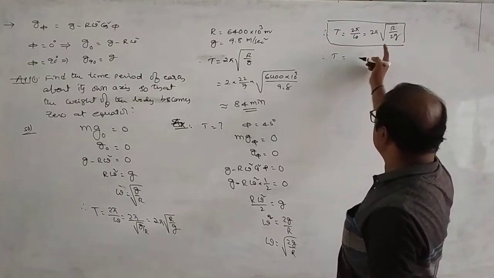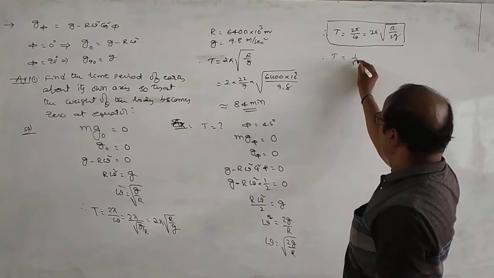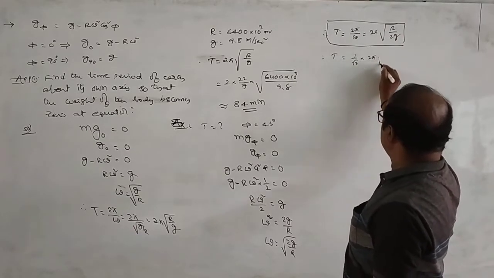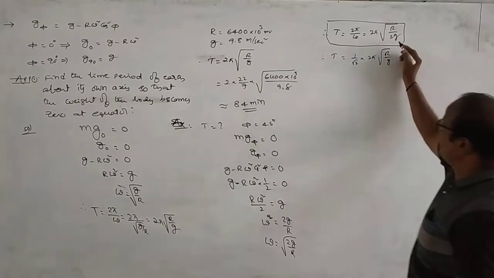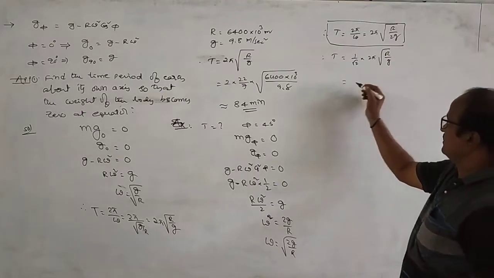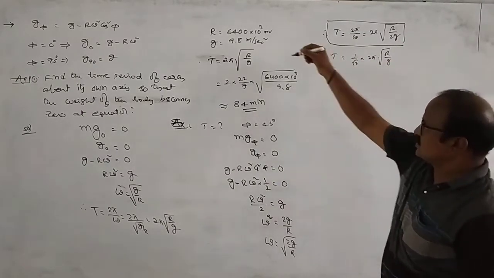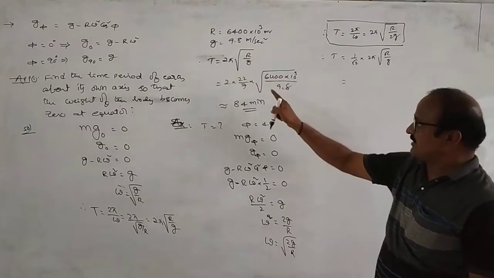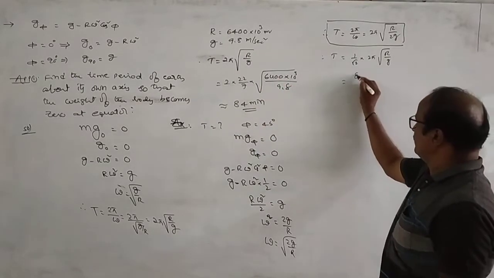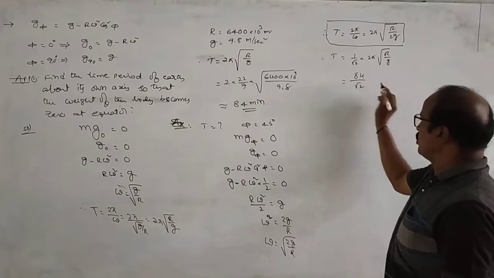Thus T is equal to 2 pi into 1 by root 2 into root of r by g. But what is the value of 2 pi into root of r by g? It is approximately 84 minutes, so 84 minutes by root 2.